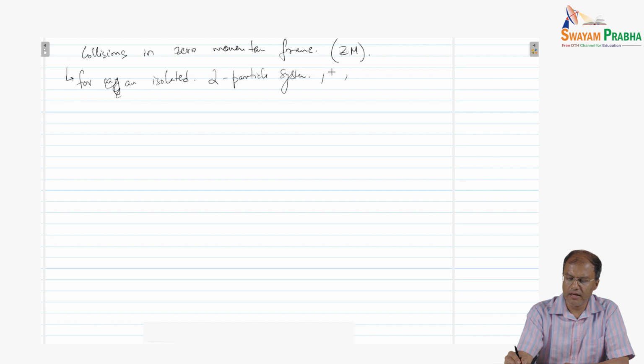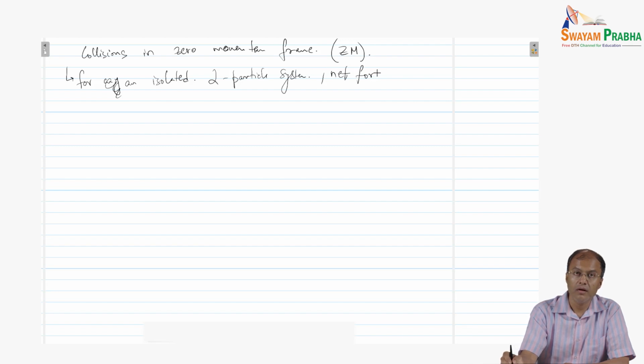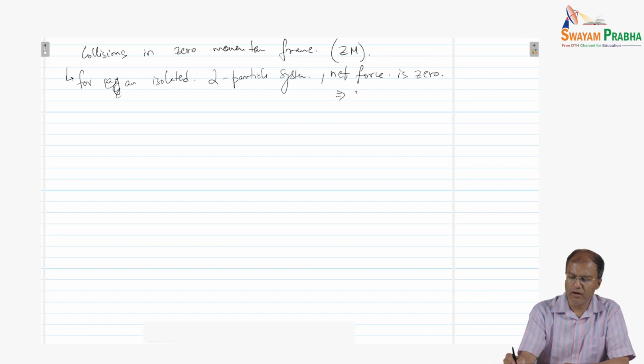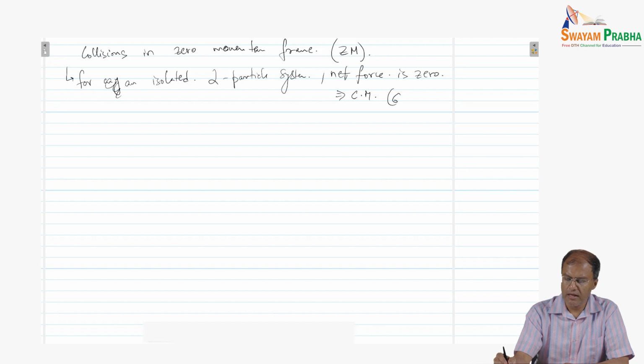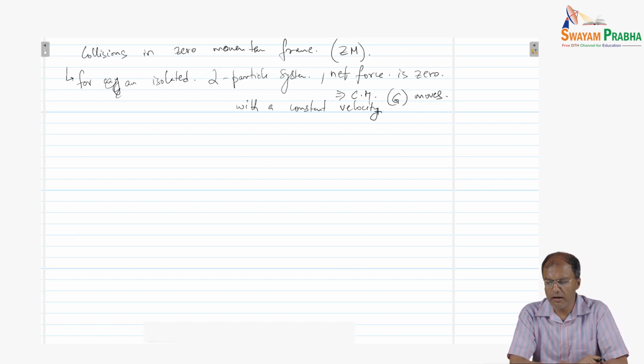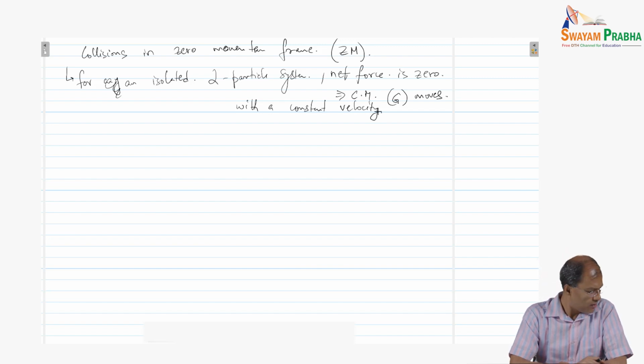For an isolated two particle system, the net force is 0, which means that the center of mass G moves with a constant velocity.